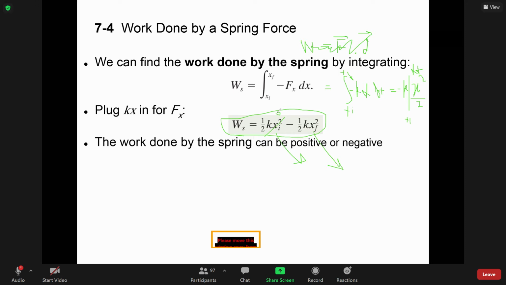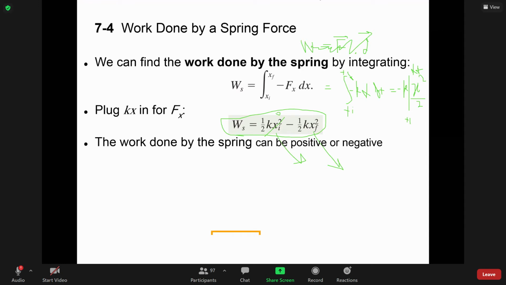You agree with me? Yes. If I extended a certain x distance, because it's squared, it's not important if you extend it to the left or to the right. It will be already squared. But if the initial position was 0, the origin, the mass attached to the spring is located at 0, then if you extend it or you compress it, basically you're saying that the work done by the spring has to be negative.